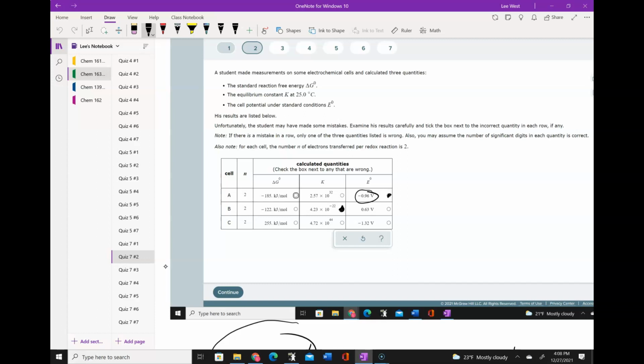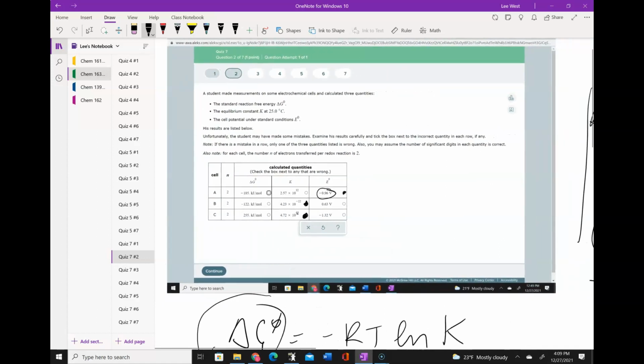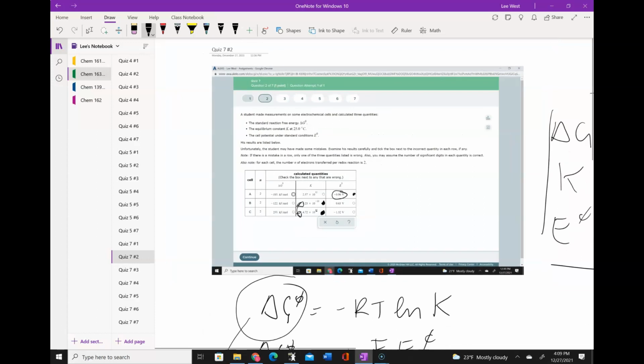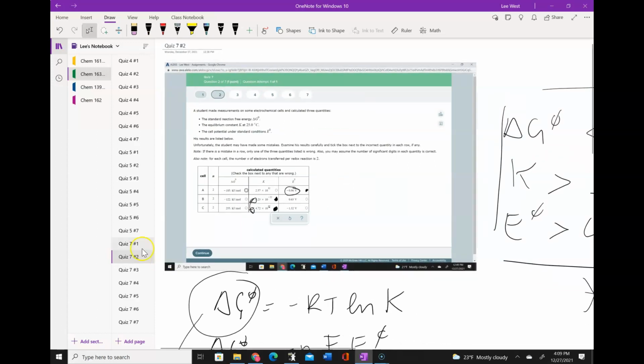What we find is that delta G and E naught are consistent. E naught is negative, but K is a big number, so K must be wrong. K needs to be a small number in that case. Maybe they got those two numbers flipped. That would be a very easy mistake to make, wouldn't it? Okay, cool. We don't have to calculate anything in this case, so no need to use the formulas.